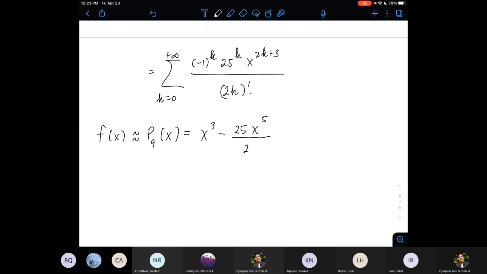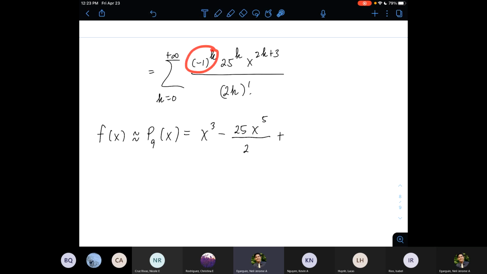Okay. And then we cannot stop here. This is just a degree 5 polynomial. So let's move on to k equals 2.